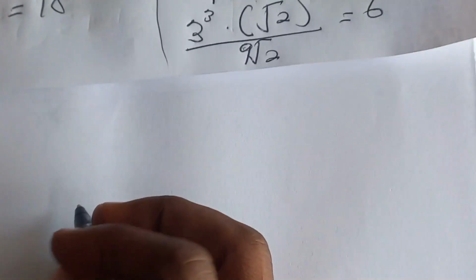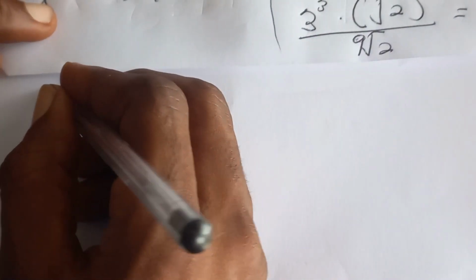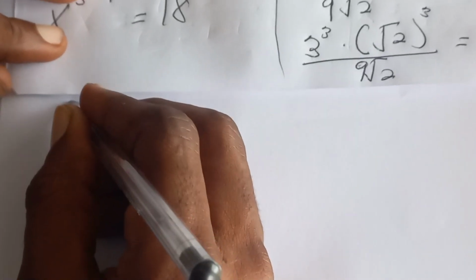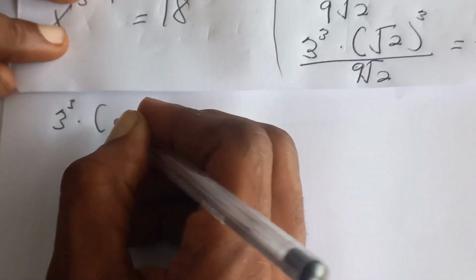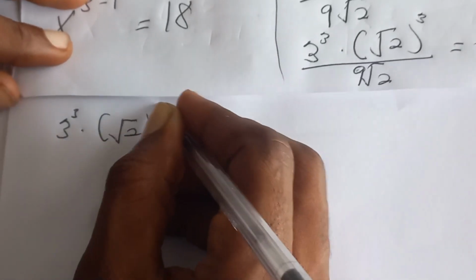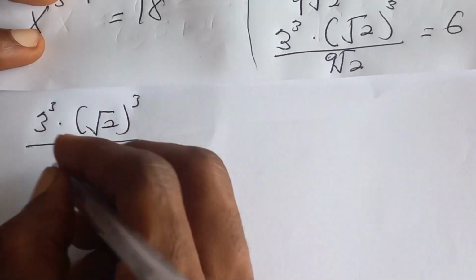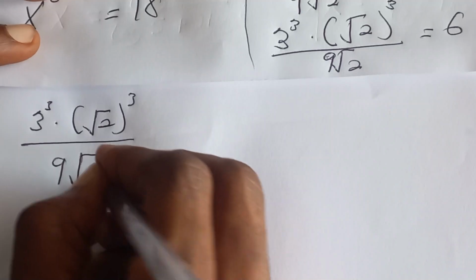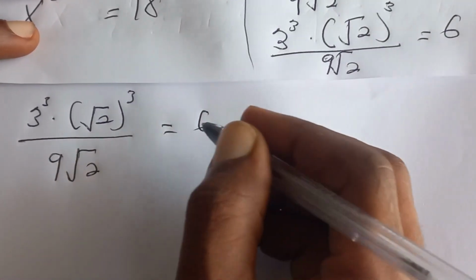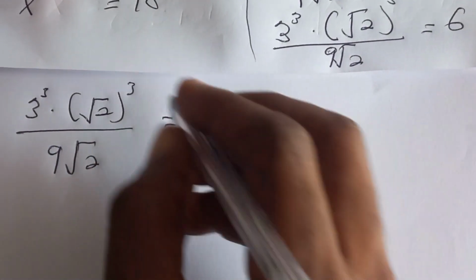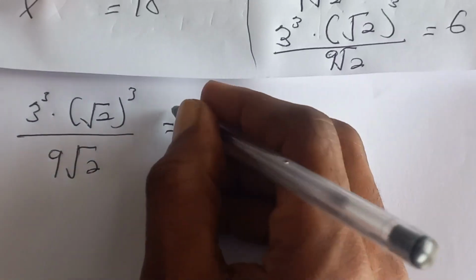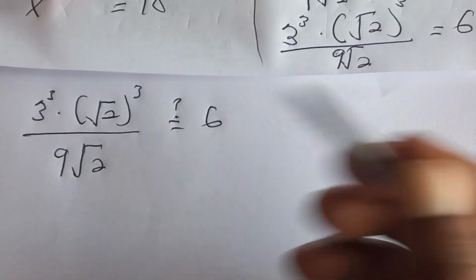So let's continue from here. We are having 3 exponent 3 multiplied by root 2 exponent 3 on 9 root 2, which is equal to 6. So we are trying to check whether it is correct.